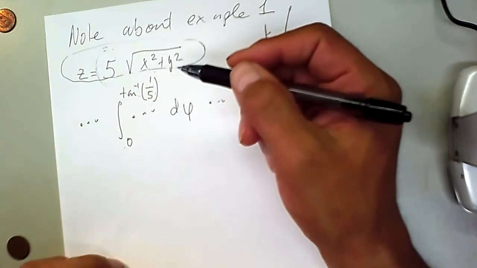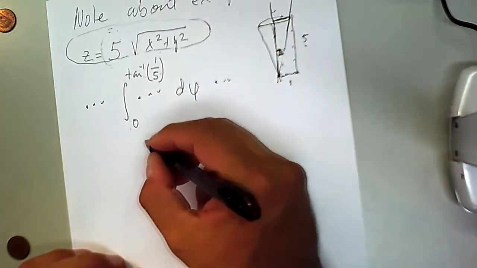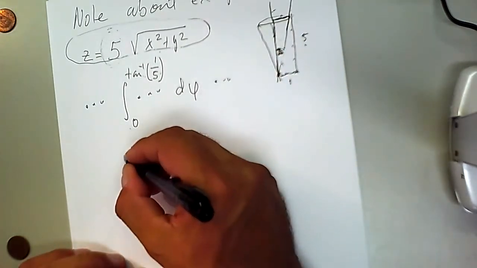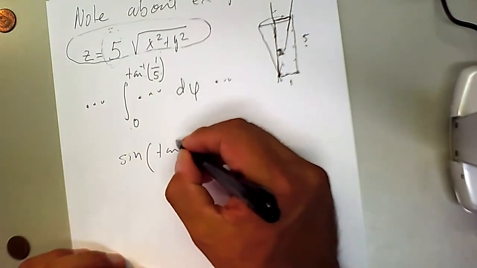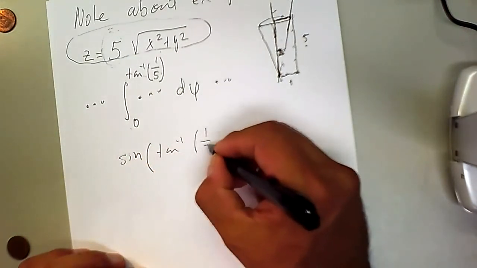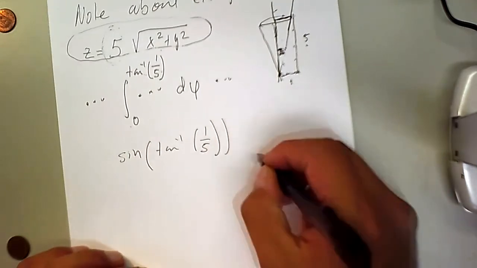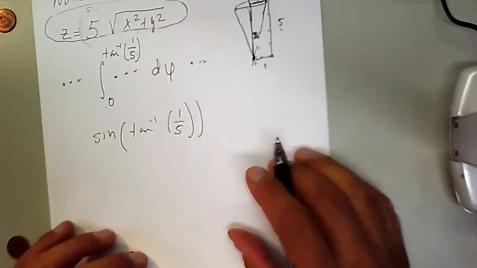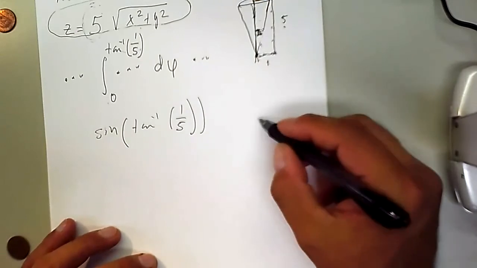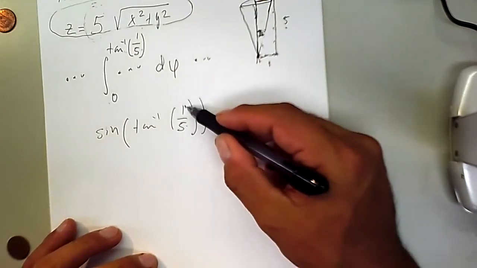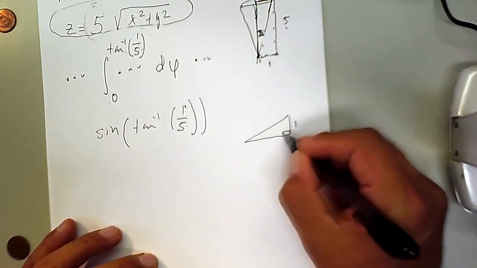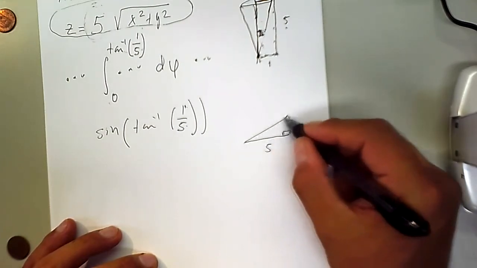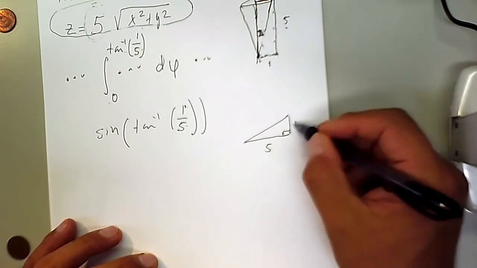When you get down to the answer, you may end up with expressions that involve the sine of the arctangent of 1 over 5, but this is a precalculus problem. Let me just remind you how we go about it. So opposite over adjacent. So pretend you got an angle, 1, 5. You find the hypotenuse by Pythagoras.